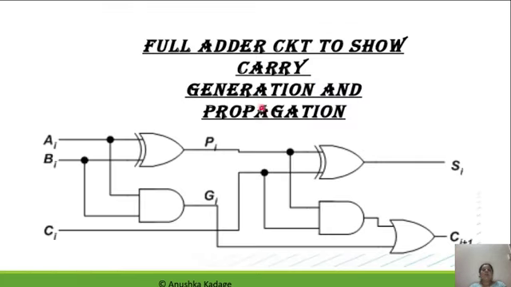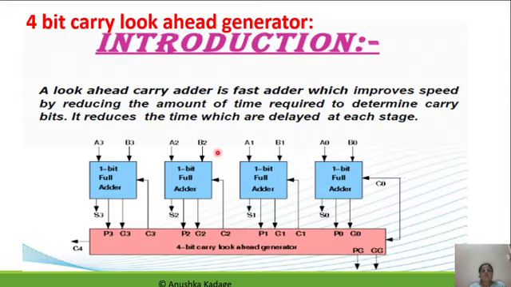So in this part, for every full adder circuit, two logical operations are going to be seen. One is the carry generation and the other is the carry propagation. This carry generation and carry propagation, as shown in the previous diagram, are the outputs of the look ahead generator block.